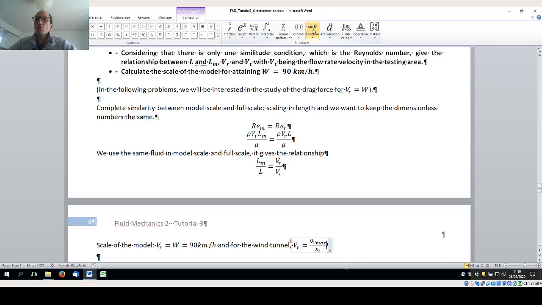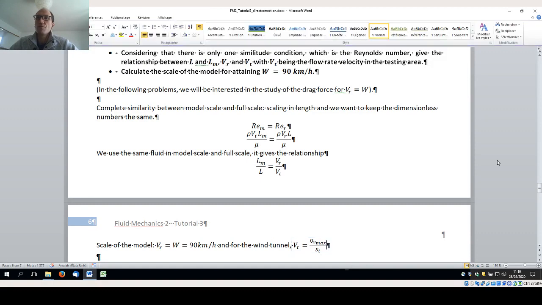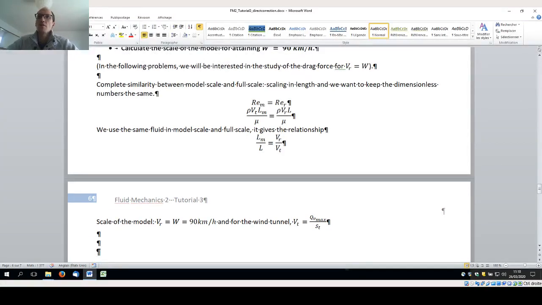So you can do the computation at home in order to obtain the ratio of lengths. I let you think a few minutes about it. Just do the calculations at home and provide the answer in the chat. It should be easy to do. I'm just coming back.